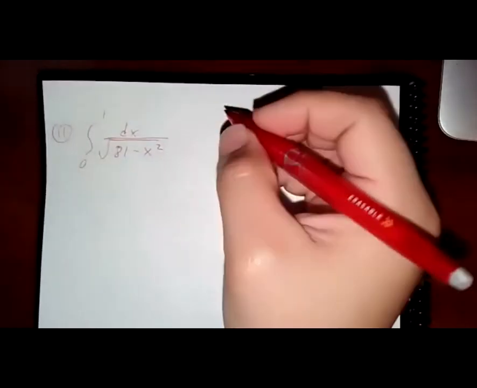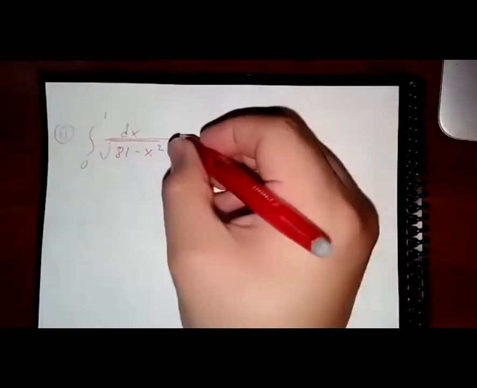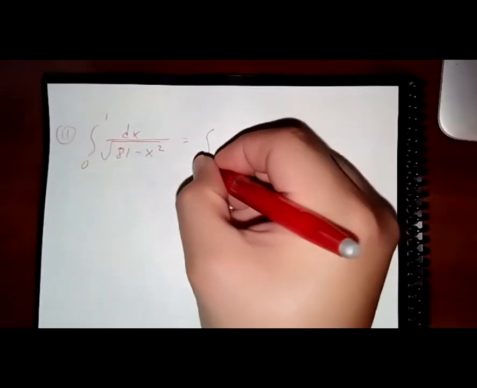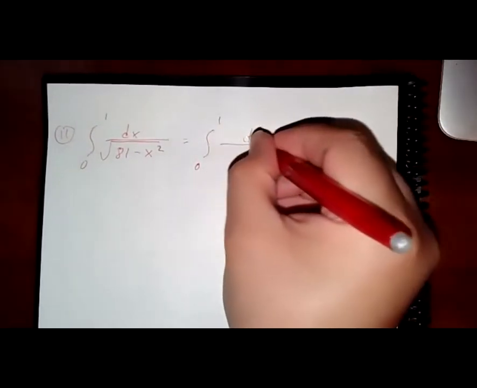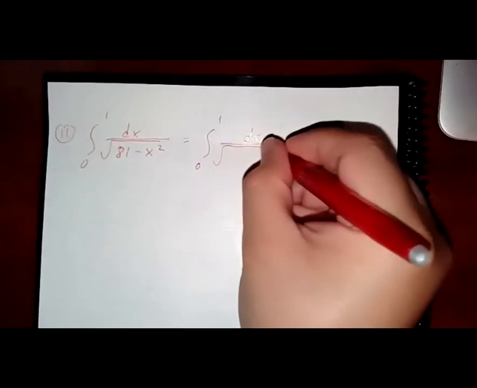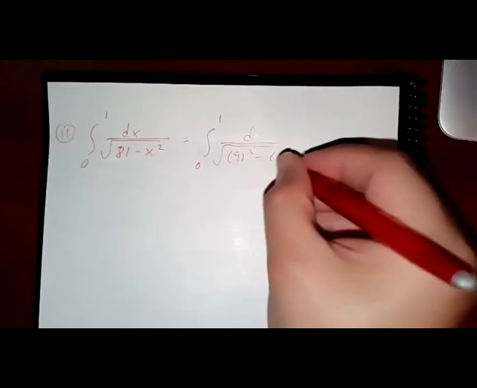So this looks like it's going to be a sine inverse, right? So this is no real big deal here. So this will be dx over the square root of, so it helps to rewrite this, but you don't have to if you're comfortable with this already.